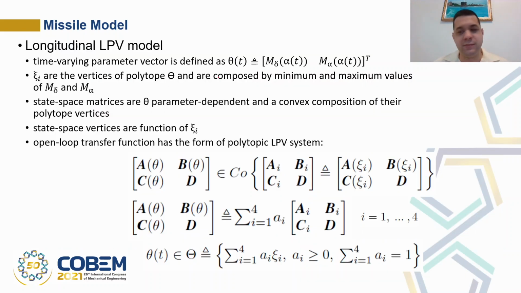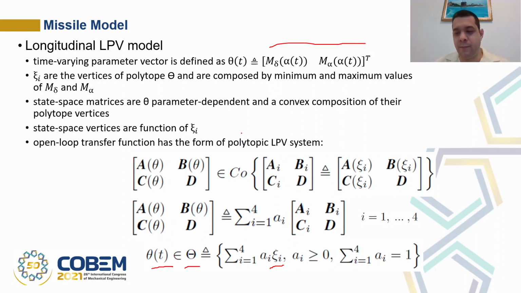Polytopic LPV systems are those whose state space matrices depend on a time varying parameter vector theta of t that varies inside a polytope with vertices xi. Then we define theta as M delta and M alpha for our missile longitudinal LPV model.